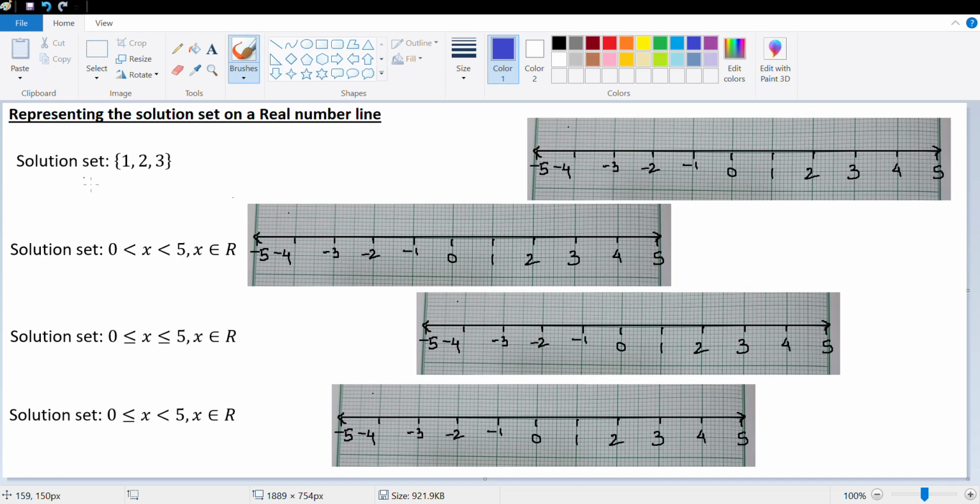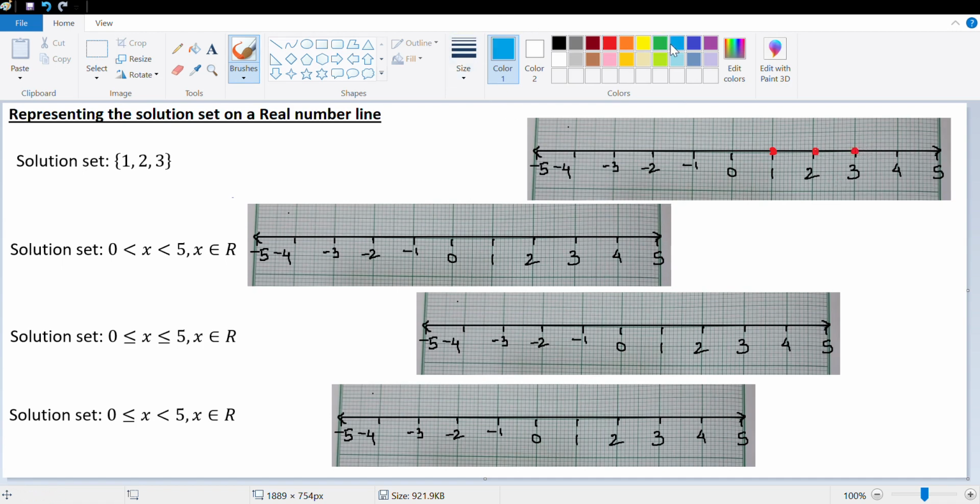If I have to plot a solution set which is 1, 2 and 3, there are a couple of methods of doing it. If you need to plot specific points, then you go to number 1 and put a dot there. If you need to plot 2, you put a dot there. You need to plot 3, you put a dot there.